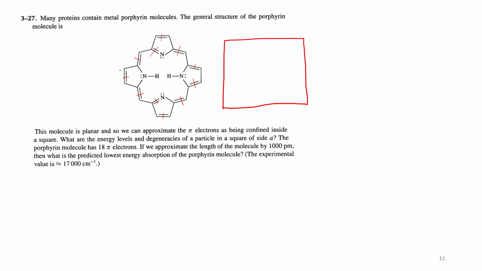So I will show you the plane they are talking about. I will erase this part. I will color it in red, so you will understand which pi electrons, or what plane, they are talking about.